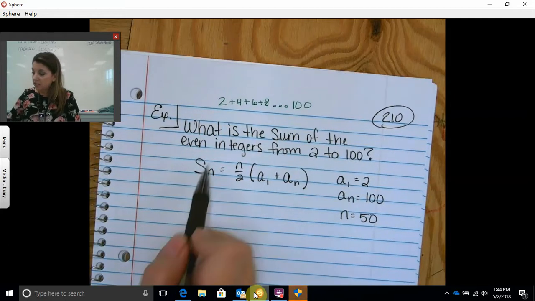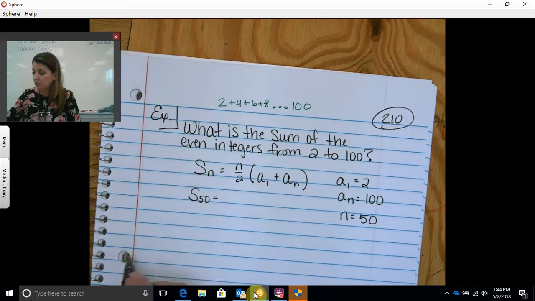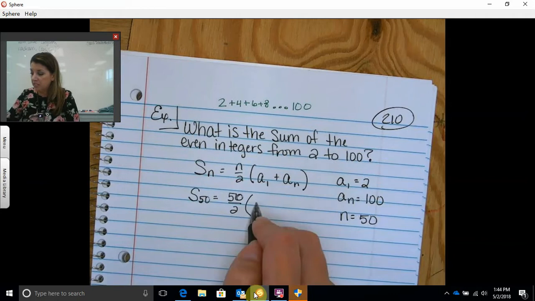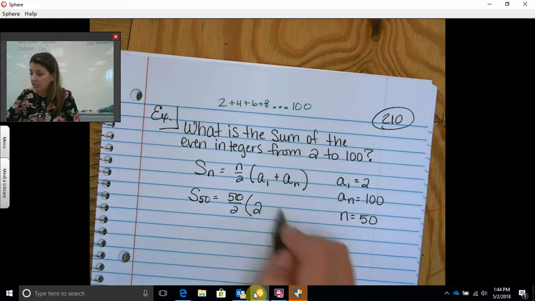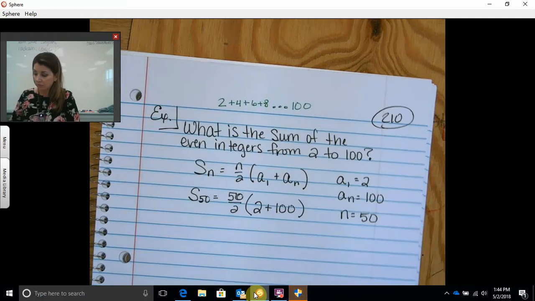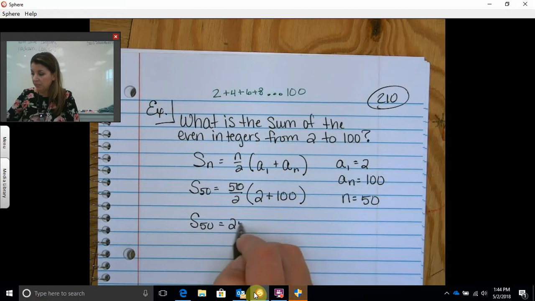So we're looking for the sum of 50 terms. So we're taking 50 terms, dividing by 2, multiplying that by the first term of the sequence plus the last term of the sequence. So that's going to be 25 times 102.